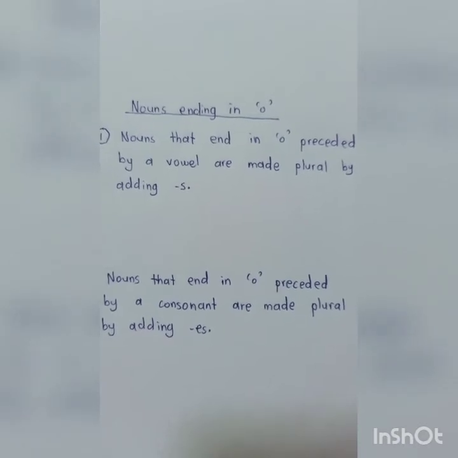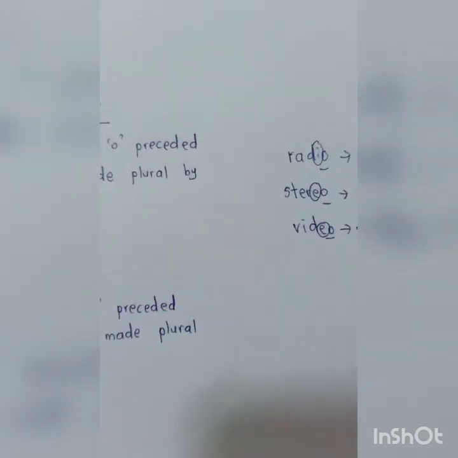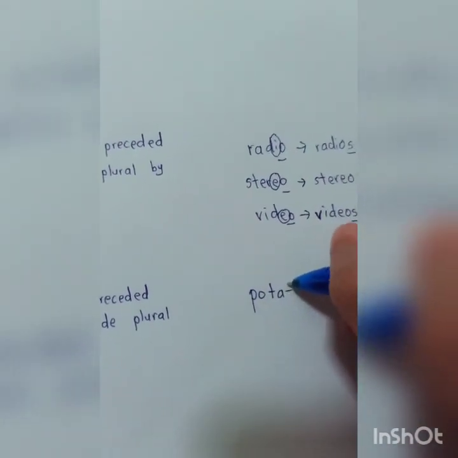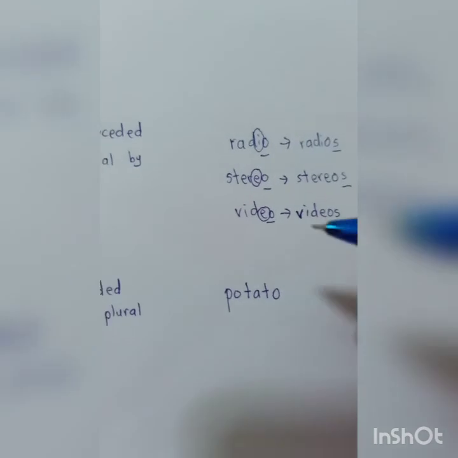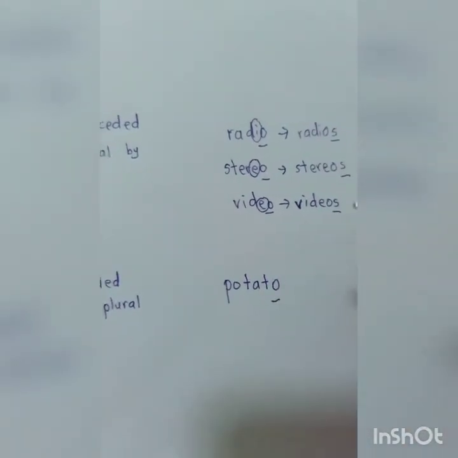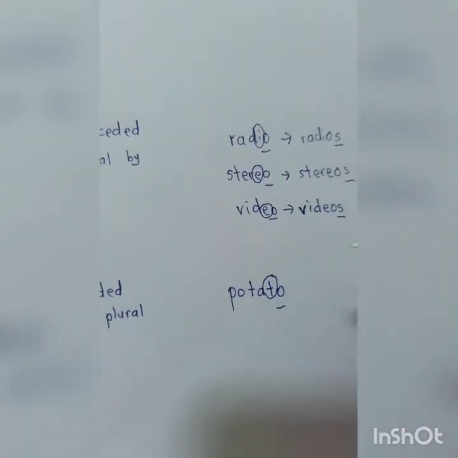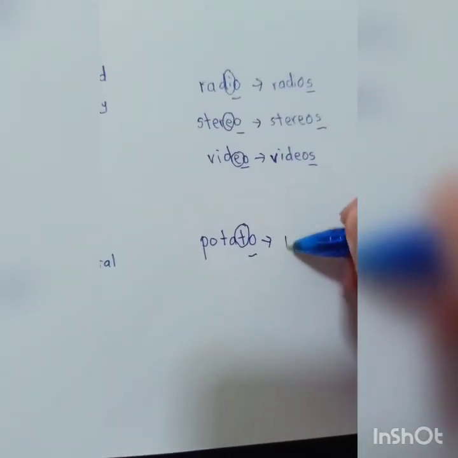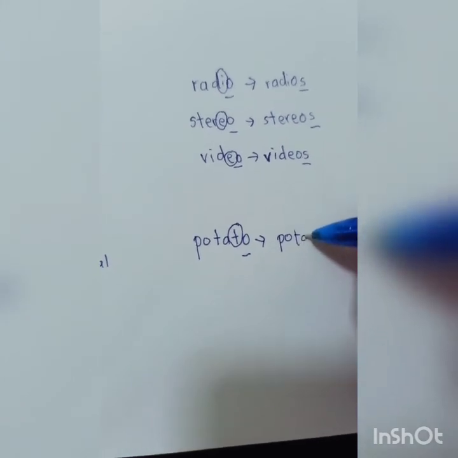So for example, potato. It ends with O, and before O it's a consonant. So we just have to add es at the end.